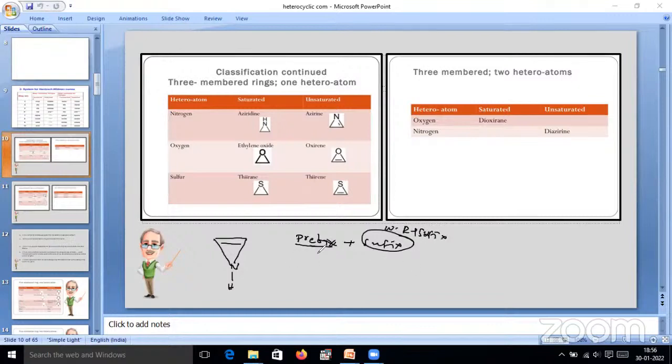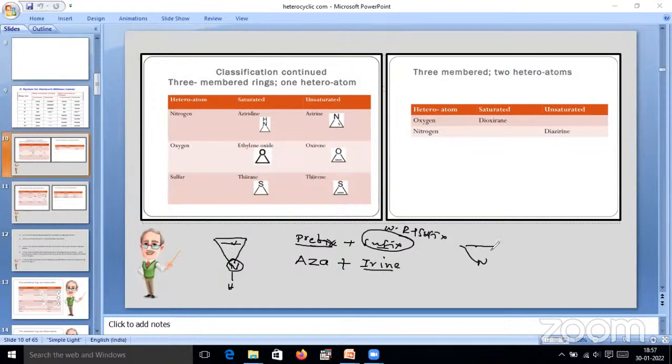So prefix gives information about heteroatom. So for nitrogen we can write aza for 3-membered, nitrogen containing heterocyclic compounds. Next one, suffix is irine for 3-membered unsaturated heterocyclic system.